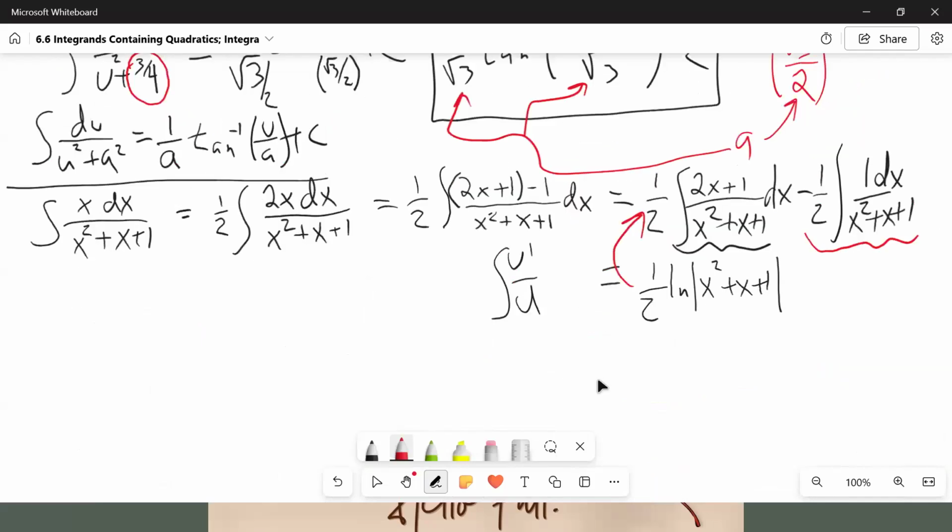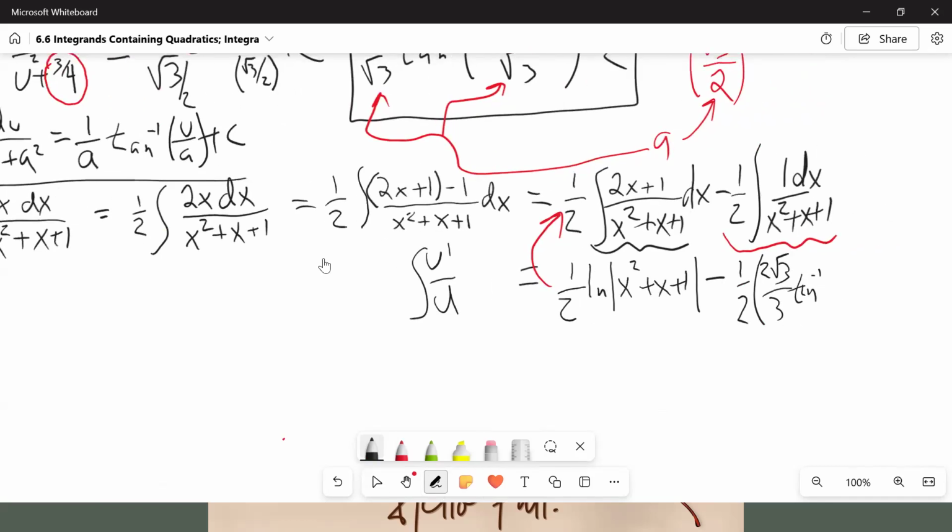So we can add that on down here, but it's being subtracted and multiplied by 1/2. So you'd have 1/2 times 2√3 over 3 tangent inverse of 2x plus 1 over √3 plus c.